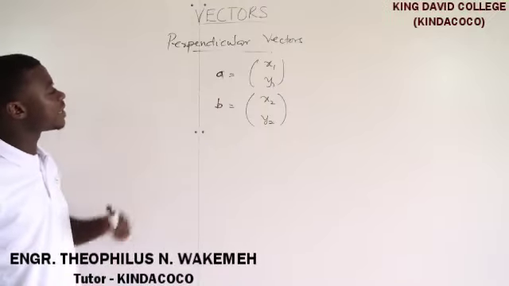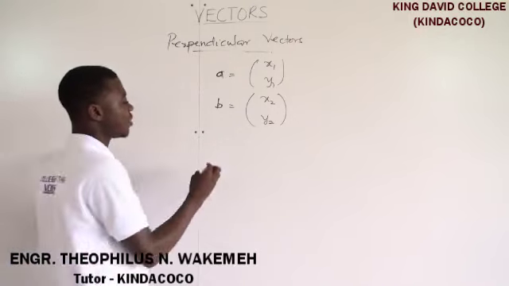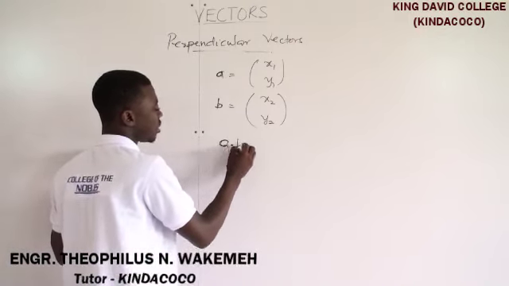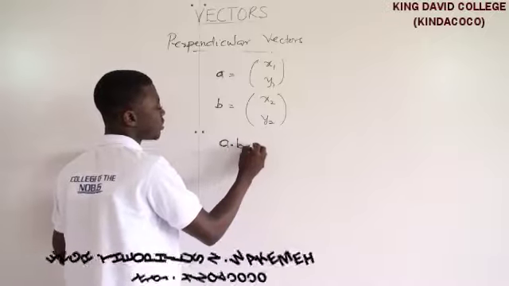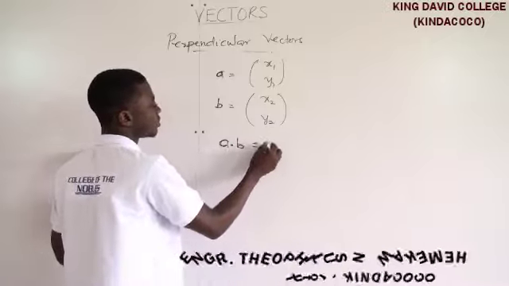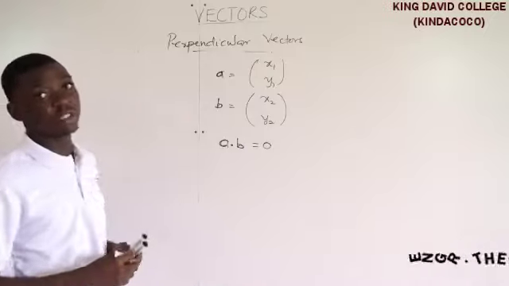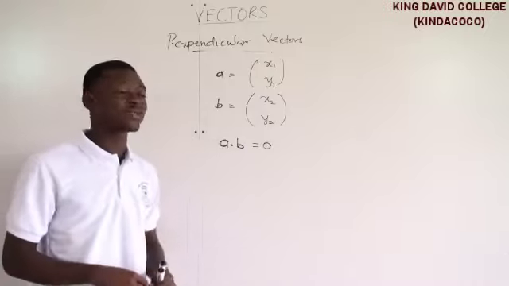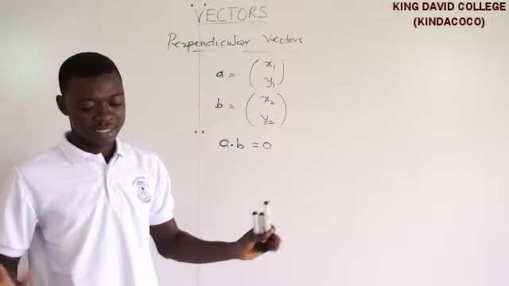For these two to be perpendicular, the dot product of the two vectors should be equal to 0. When you find the dot product of the two vectors and it's equal to 0, then the two vectors are perpendicular. As simple as that.